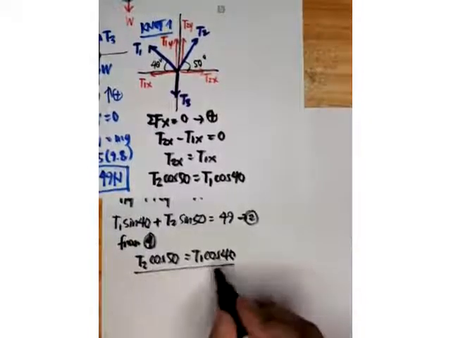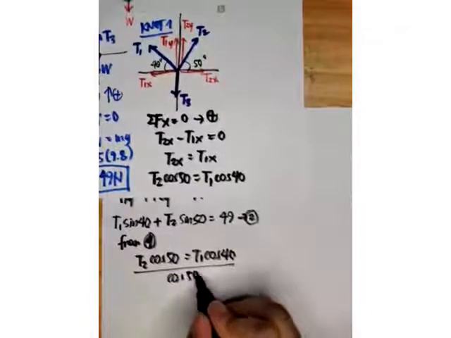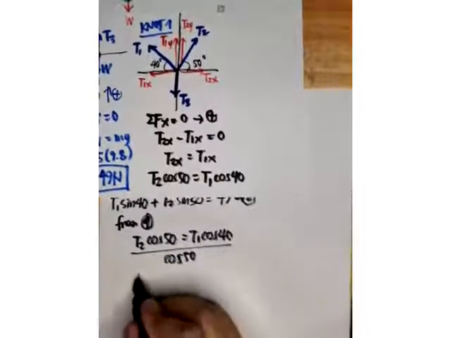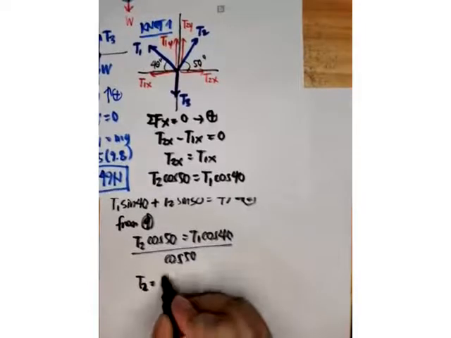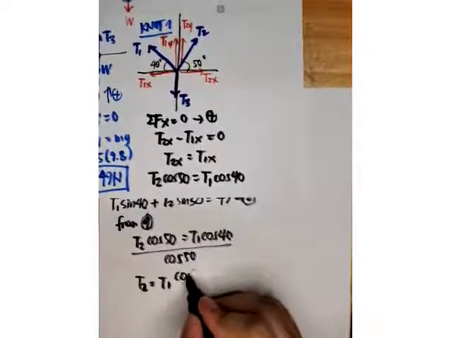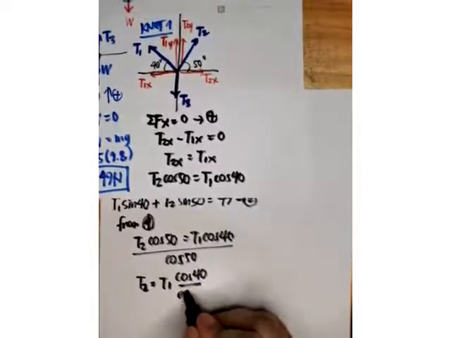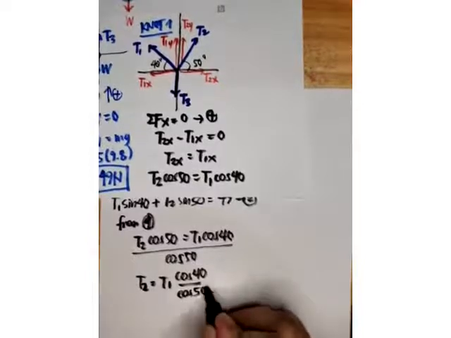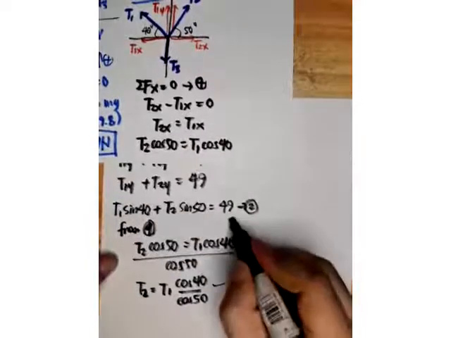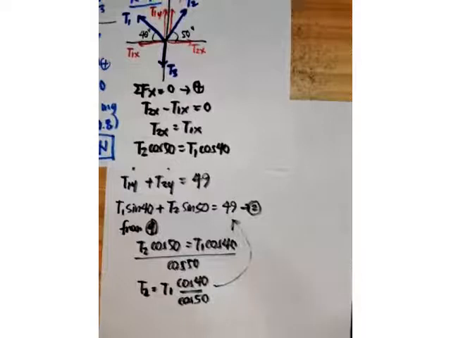So divide natin to ng cosine 50. So T2 then ay equal siya sa T1 cosine 40 over cosine 50. Next. And then i-substitute natin ito dito sa equation na yan.